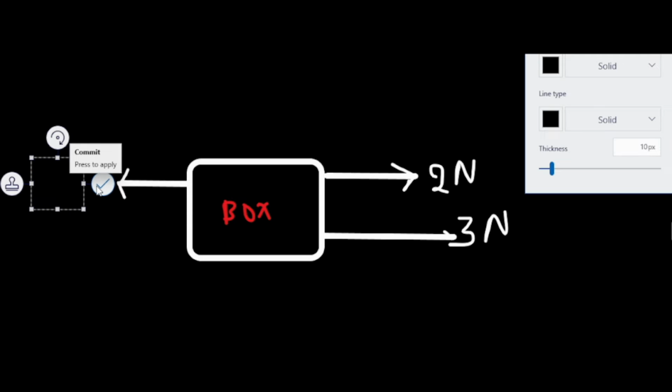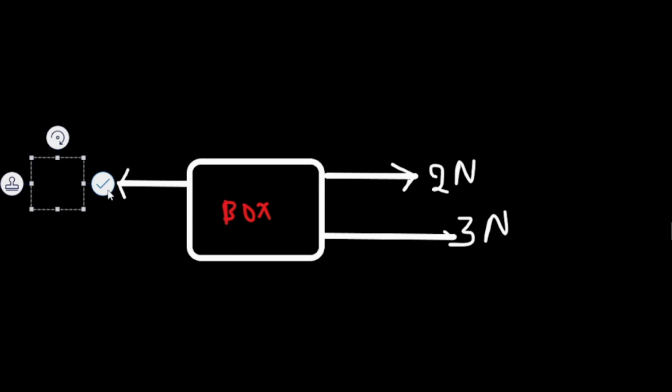Let's say we had another box, and then let's say this side we had 5 Newtons. And then we've been told to calculate the resultant force. So since they're on opposite directions, we are still going to apply the same concept. We're going to say 2 Newtons plus 3 Newtons minus 5 Newtons.